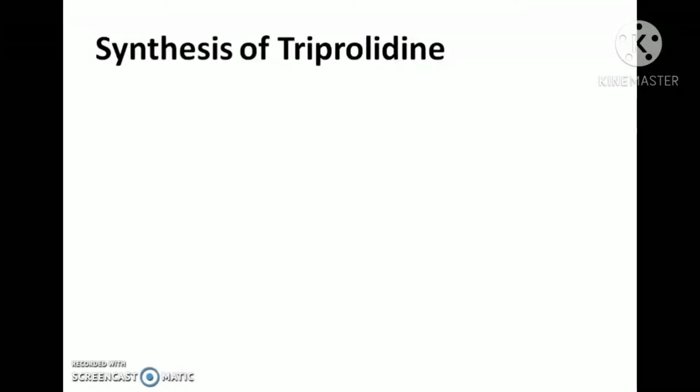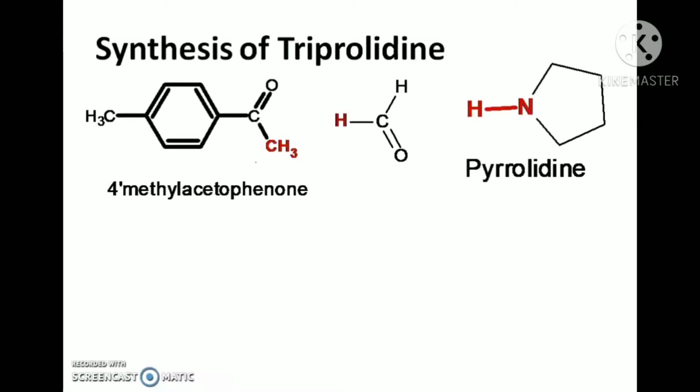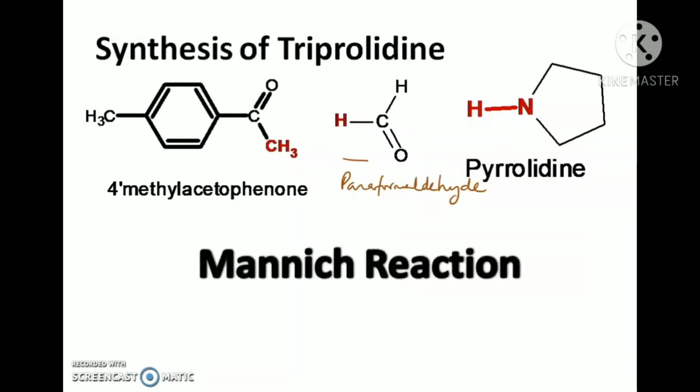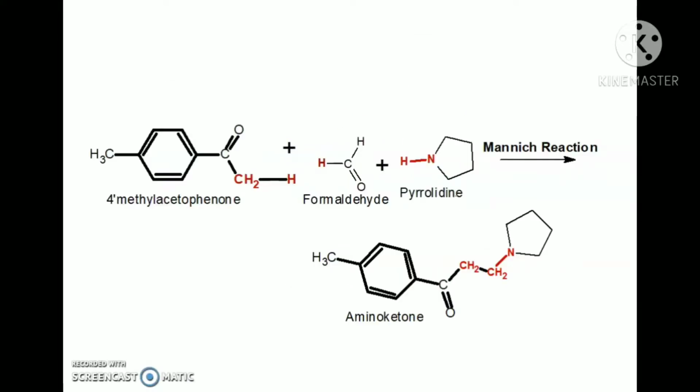Now coming to the synthesis of triprolidine, it is a three-step reaction. The first step is the Mannich reaction, in which 4-methyl acetophenone, paraformaldehyde and pyrrolidine undergo the Mannich reaction to form a beta amino ketone. In the Mannich reaction, the 4-methyl acetophenone is an alpha methyl ketone with active hydrogen. It is an aminoalkylation reaction, and the reaction takes place in the presence of a primary or a secondary amine.